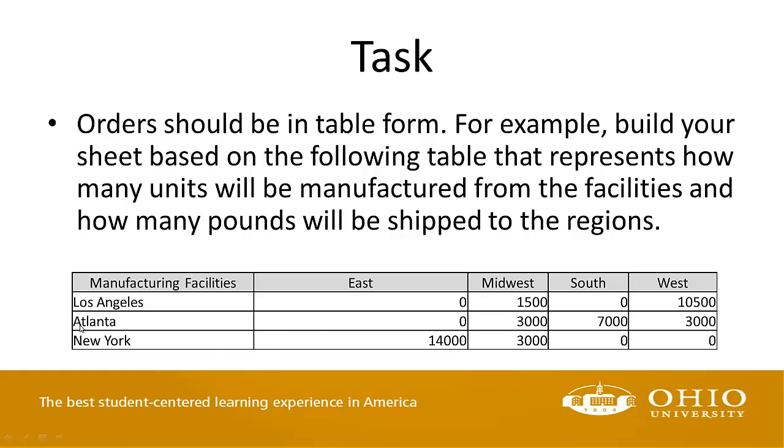Likewise, I'm sending 3,000 pounds from Atlanta to the Midwest, 7,000 pounds from Atlanta to the South region, 3,000 pounds from Atlanta to the West, and then two more transactions: New York to the East, 14,000 pounds, and New York to the Midwest, which is a 3,000 pound order. The rest are 0, meaning there's no transaction.